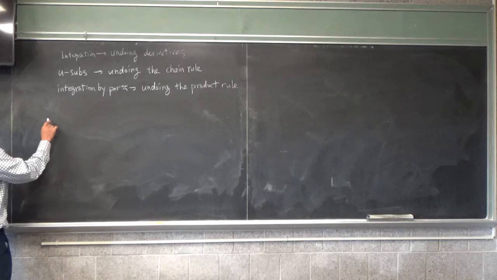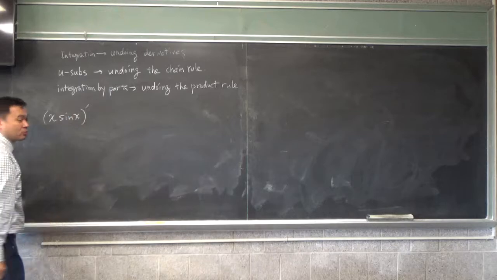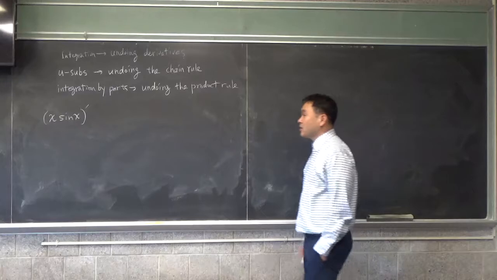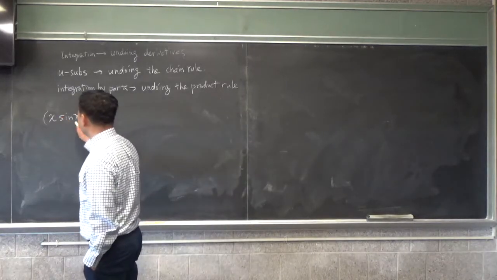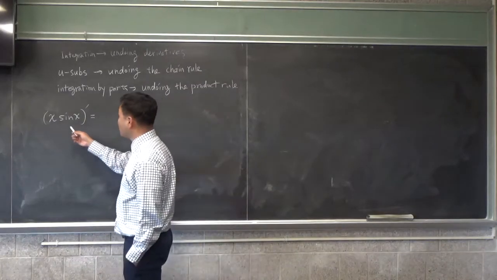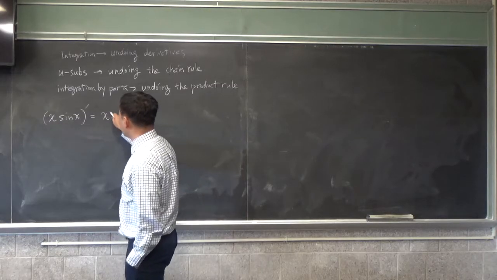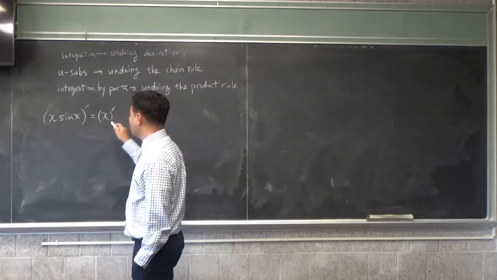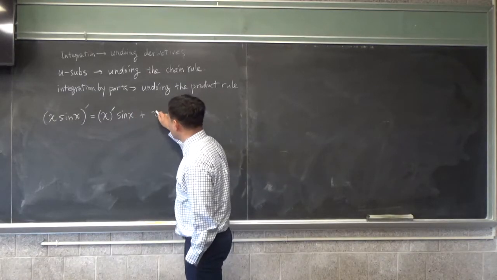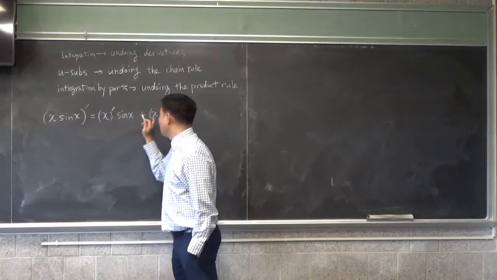So let's start with the product rule and see what happens. Let's say you're differentiating x times sine x. If two things are multiplied, you're taught that you absolutely must use the product rule. If you don't, you get the wrong answer. The product rule says that when two things are multiplied, you differentiate only one of them, keep the other one, plus keep the one that you already differentiated untouched, so you go back to the original one.